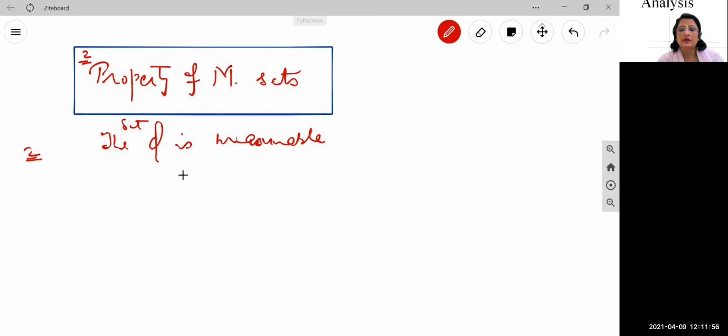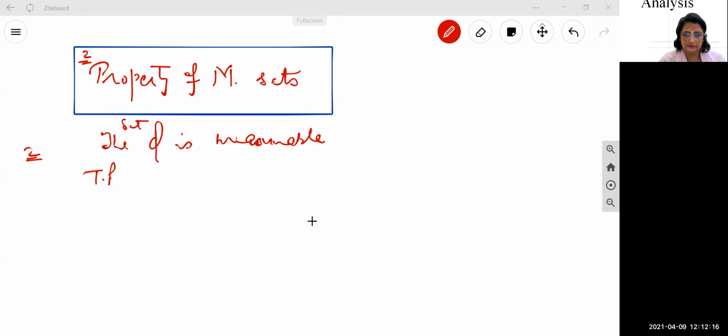right? If A can be expressed as A union phi and A union phi complement, then we can say that the set phi is a measurable set. देखो आपको प्रूफ क्या करना है?